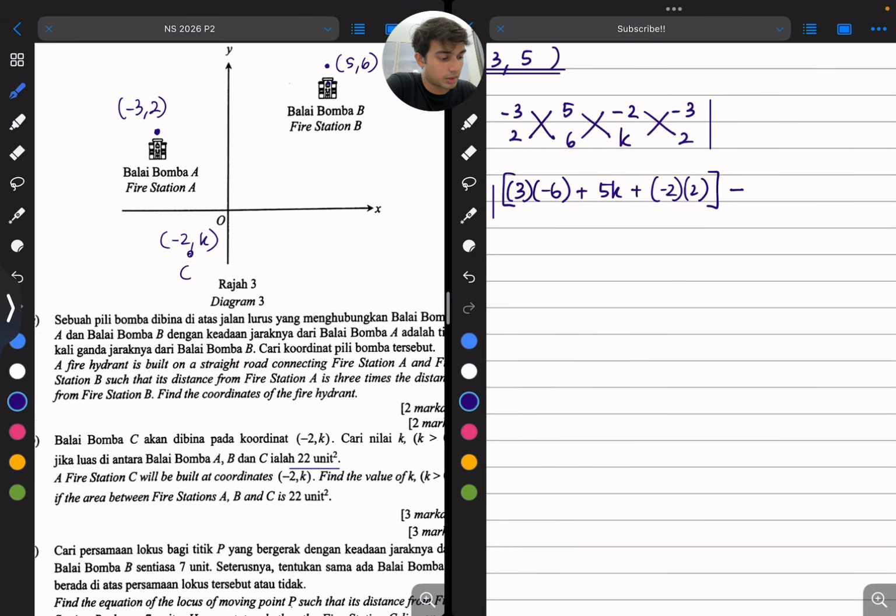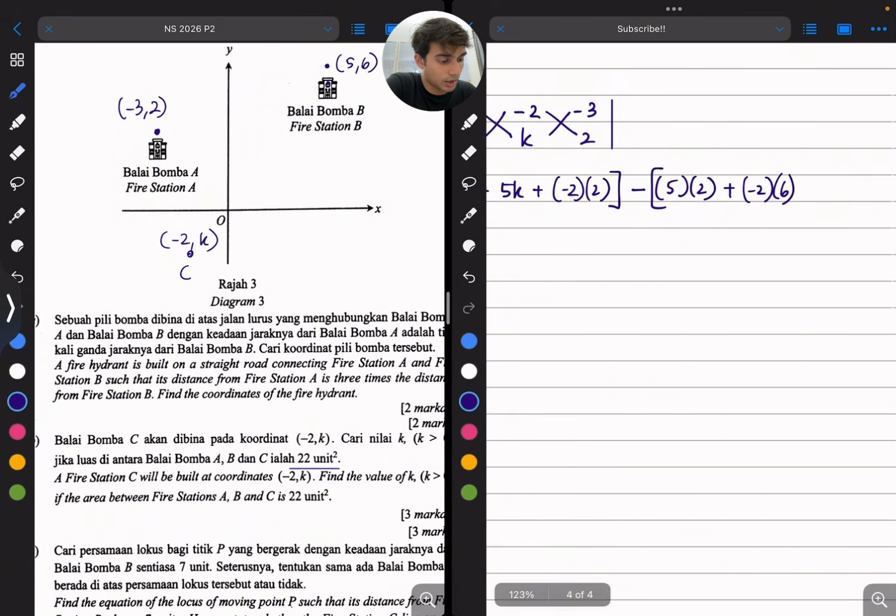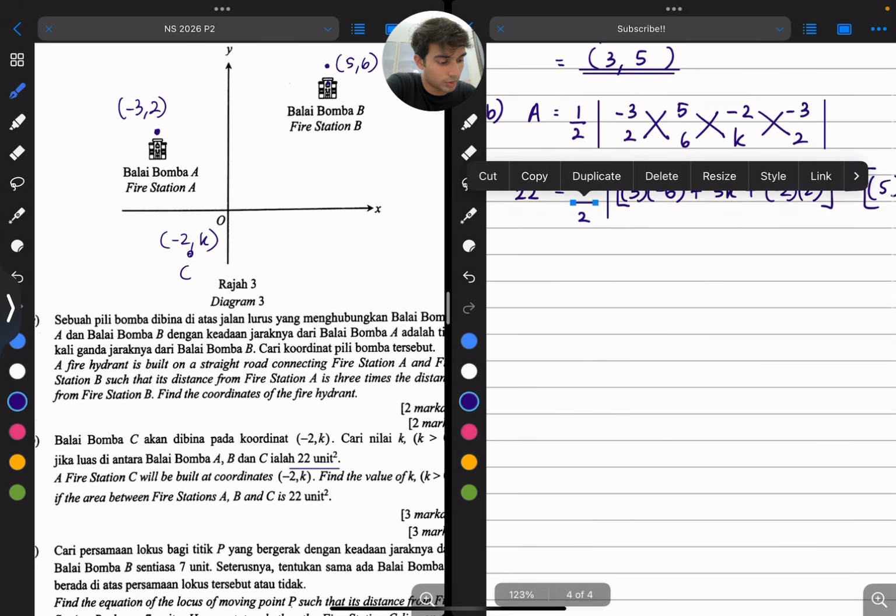So 5 times 2 first, and then plus negative 2 times 6, and then negative 3k. Close modulus.